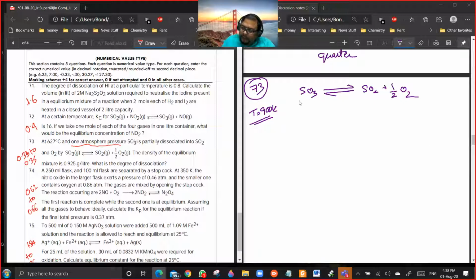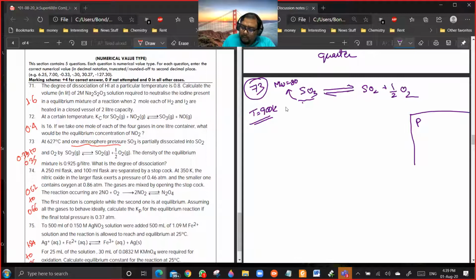So initially, what was the molar mass of the mixture? Can you tell me? Initially what was there in SO3? 80. Okay, I think this question we have discussed for PCl5 actually. After equilibrium is established, you will have a mixture of SO3, SO2 and O2.